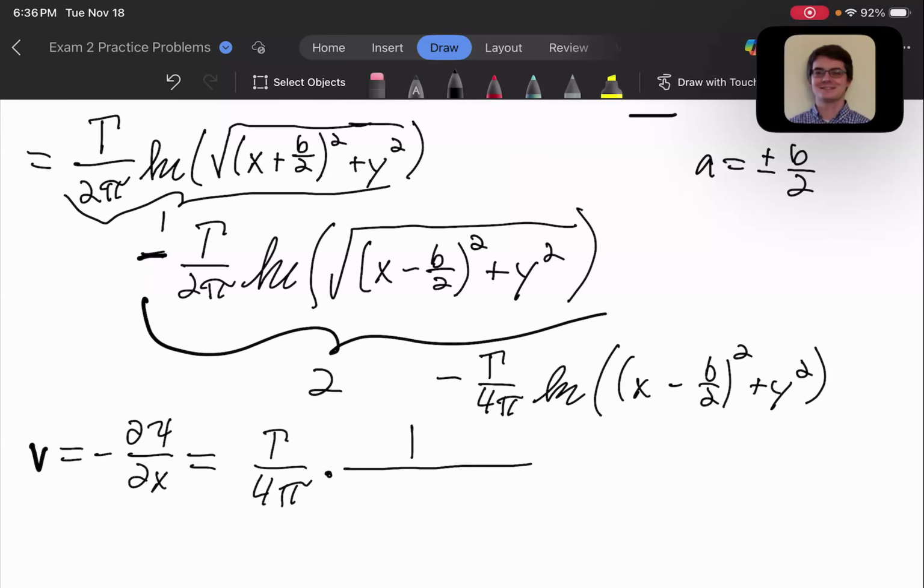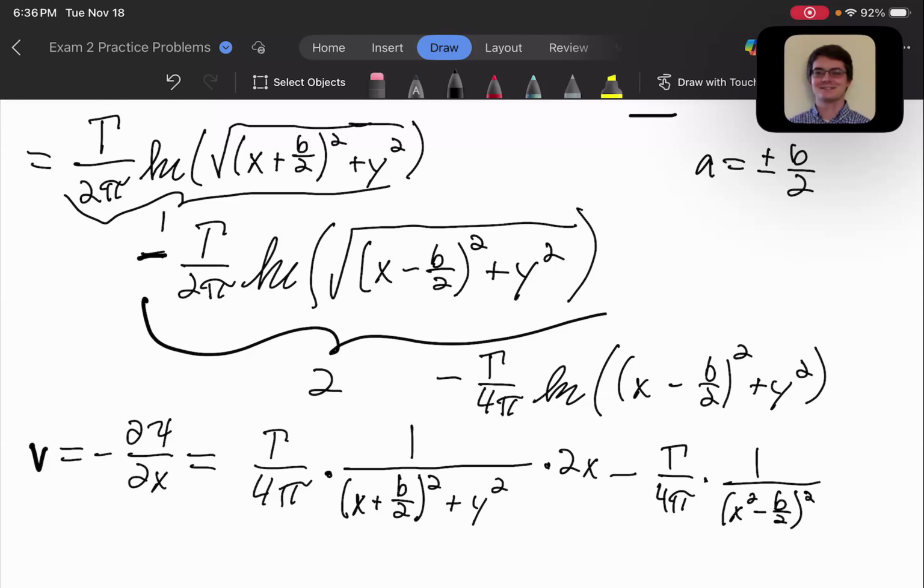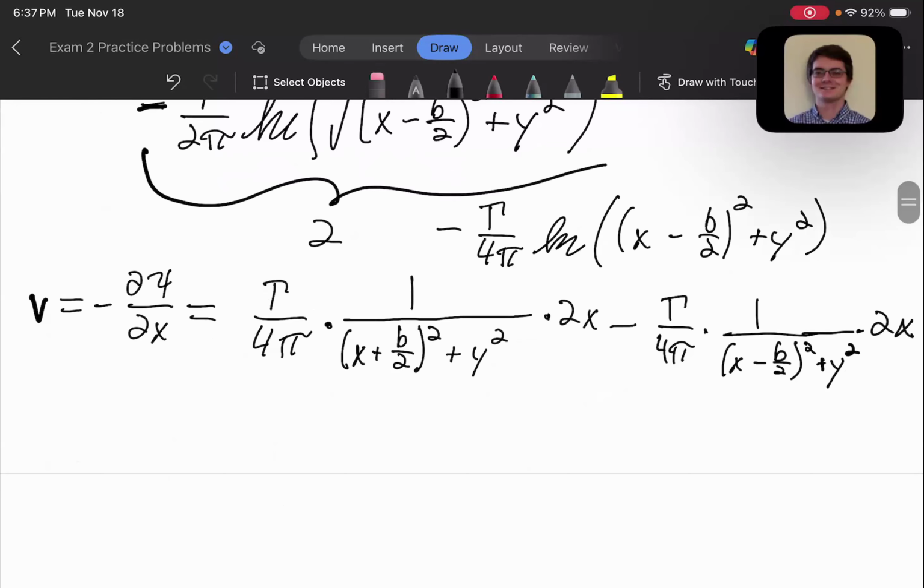Yep, 1 over x plus b over 2 squared plus y squared times 2x, minus gamma over 4 pi times 1 over x minus b over 2 squared plus y squared times 2x. Now what do we do?